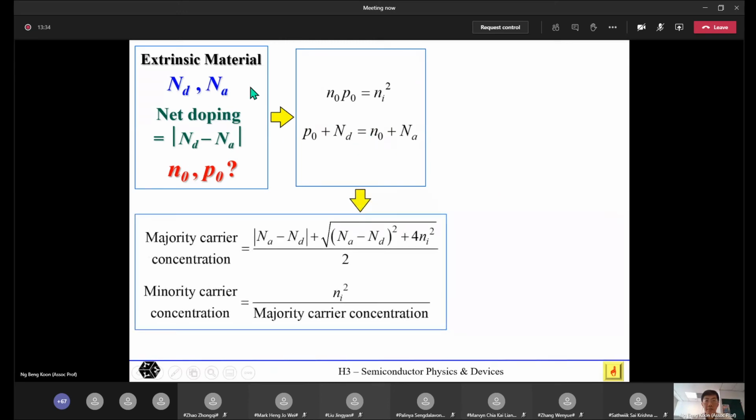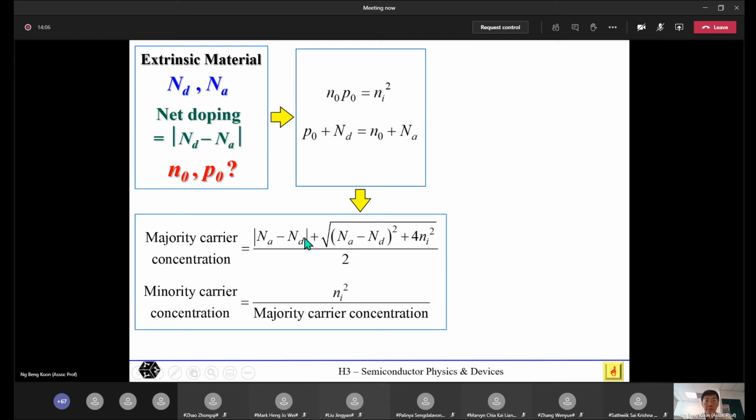In fact, we've gone through this derivation for various cases, whether it's just a single doping or multiple dopings of N and P type. In general, if you have both dopings, then the majority carrier concentration can be determined from the solution of a quadratic equation, which involves the net doping plus the square root of net doping squared plus 4 Ni squared, over 2.